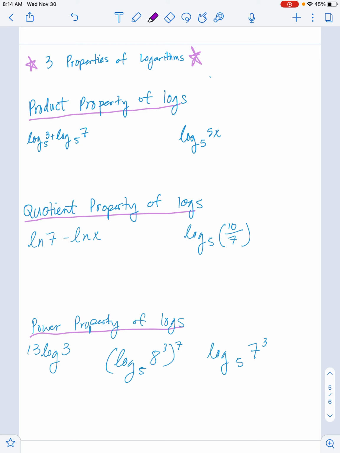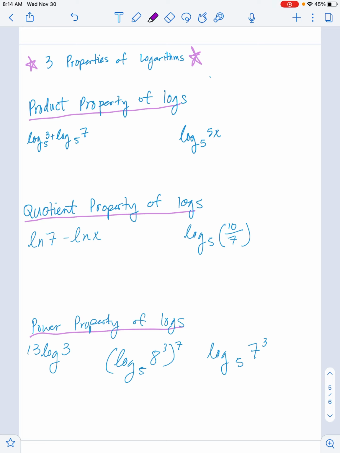And with this, we can simplify logs. We can expand logs to make them more doable with our algebra skills. So we just need to know how to manipulate the problem so that we can condense or expand them, using each of these three properties.